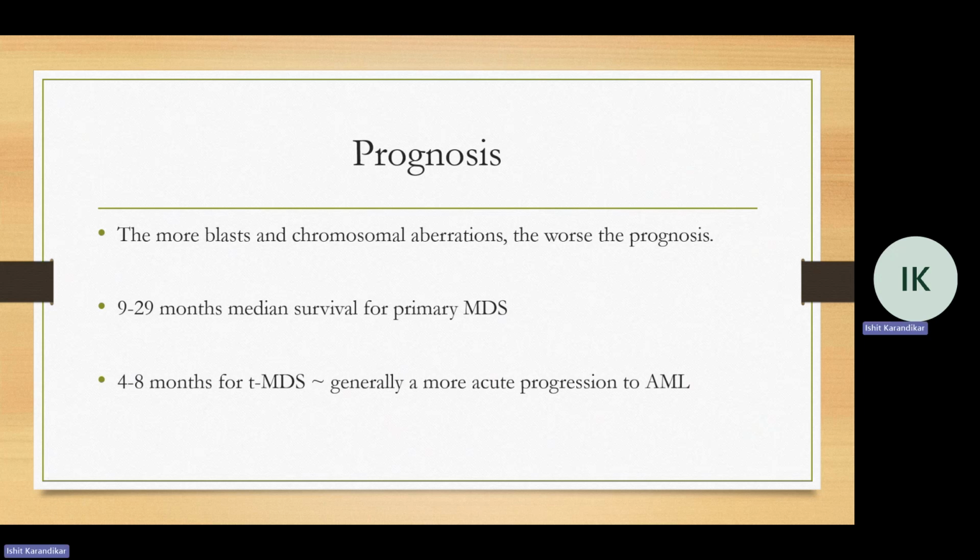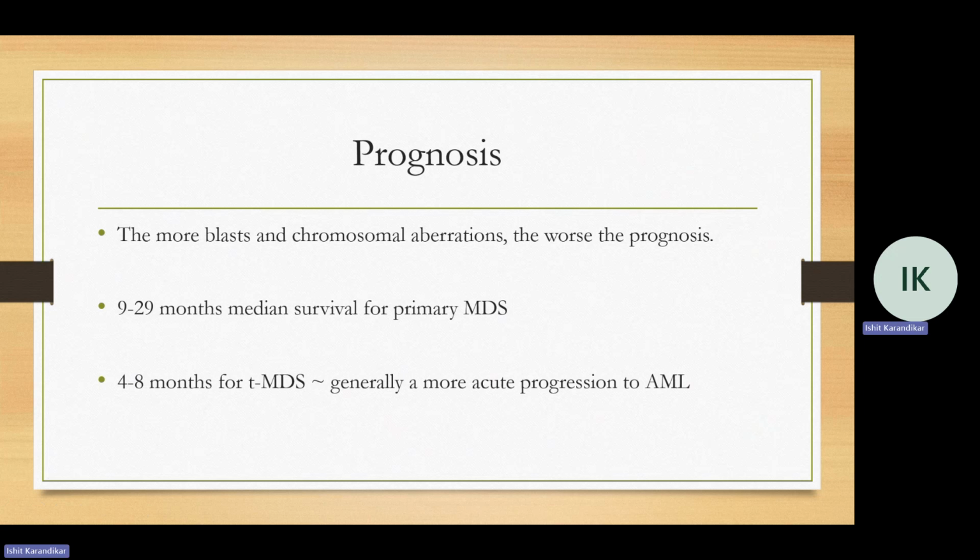So in terms of prognosis, primary causes of myelodysplastic syndrome, these patients have a mean survival rate of 9 to 29 months, but this depends on a lot of factors, right?